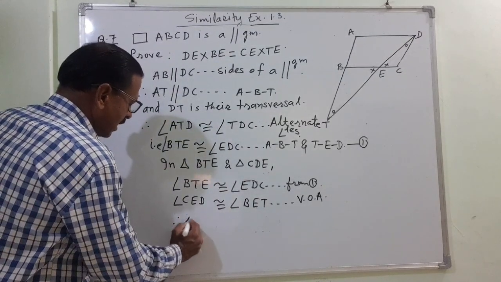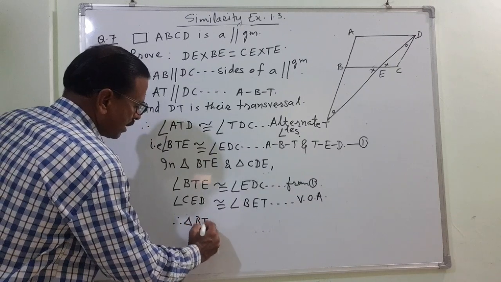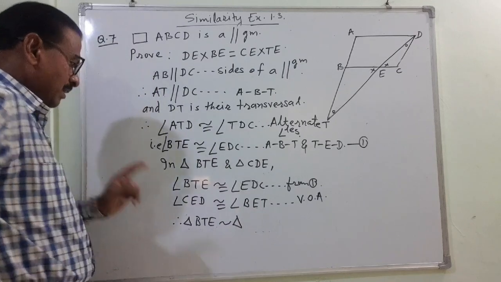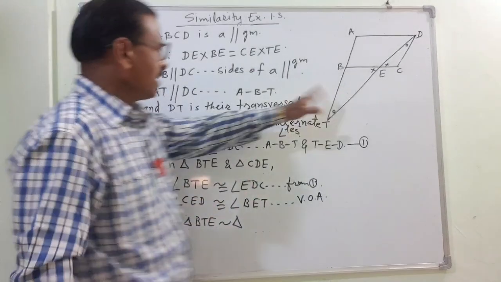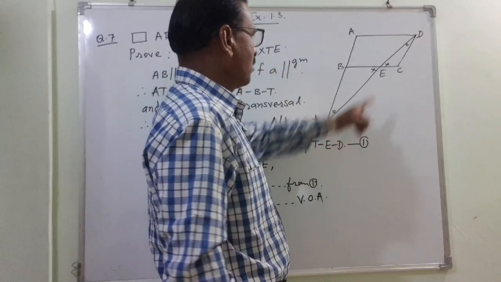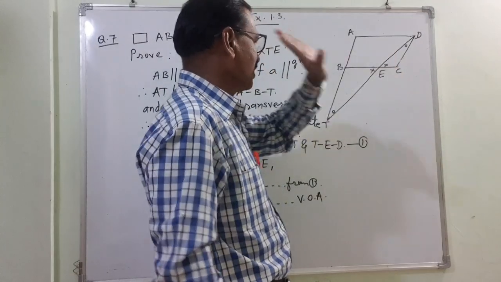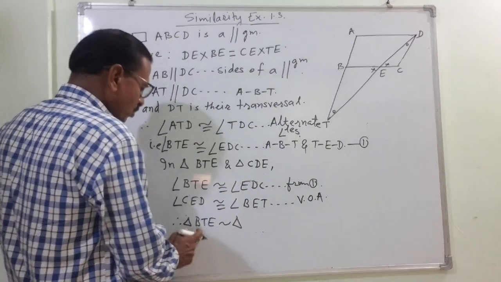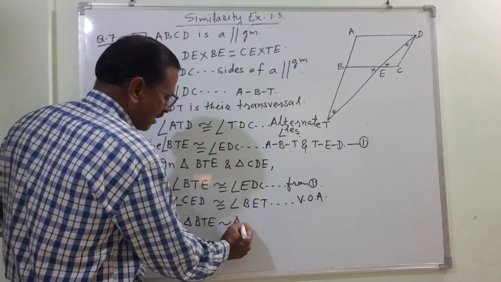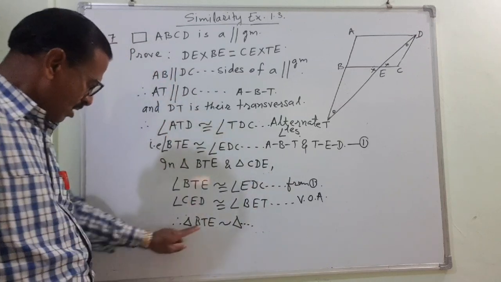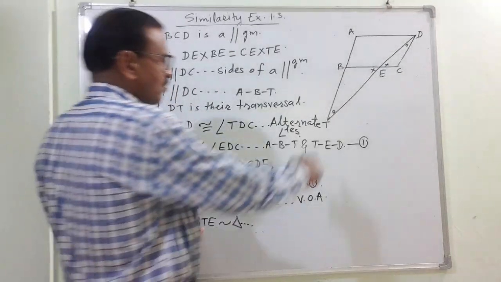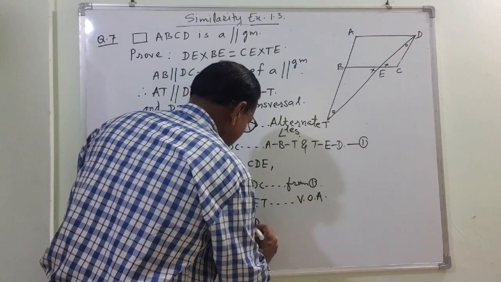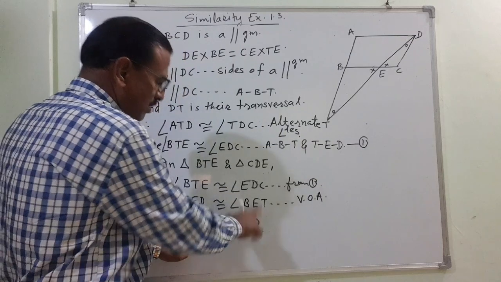Therefore, triangle BTE is similar to triangle. Now this name BTE I have taken anyhow, but now this name I have to take in sequence. B, I don't know with whom this B is equal, that I will keep blank. With this T, D is equal. T is at the second position, D is also at the second position.